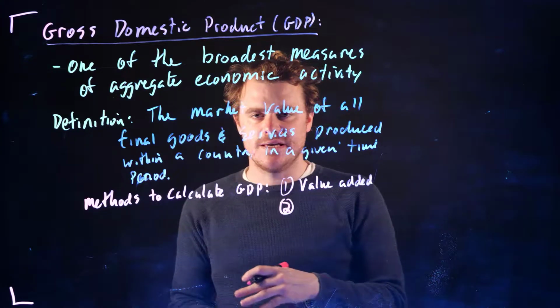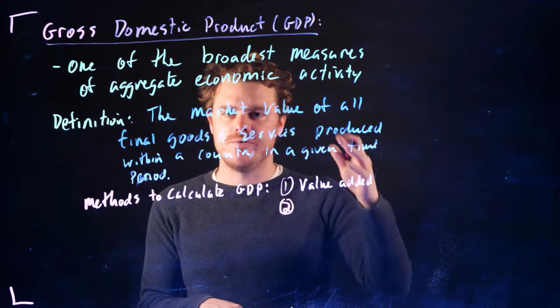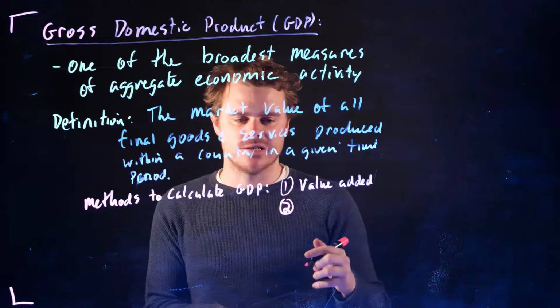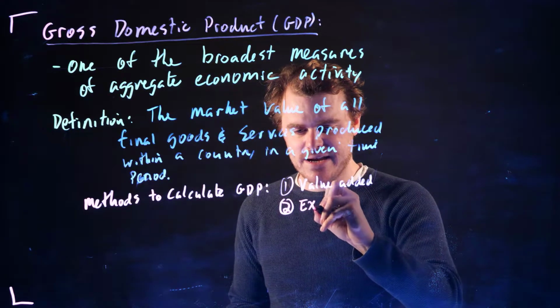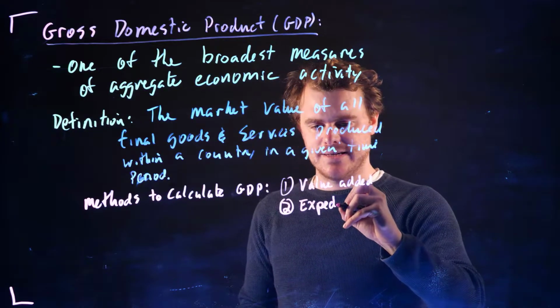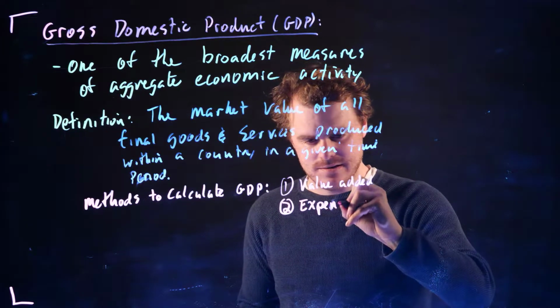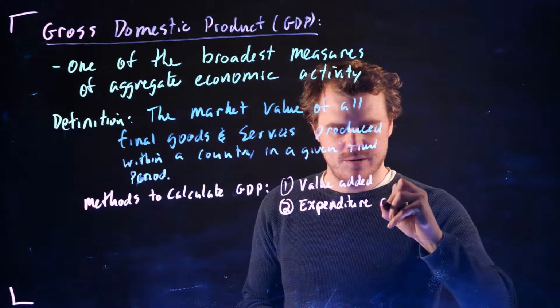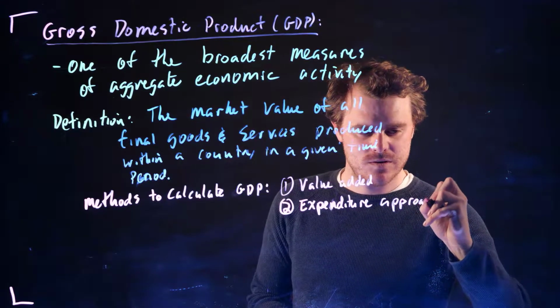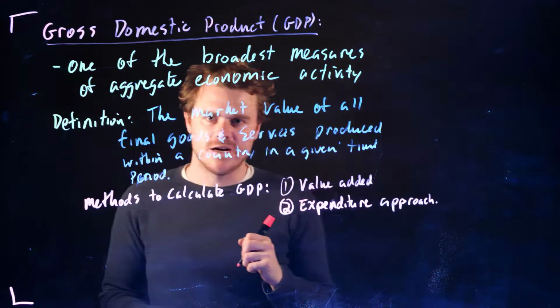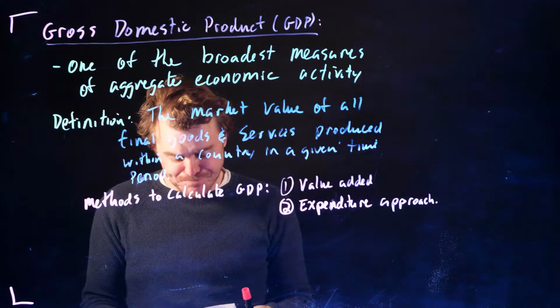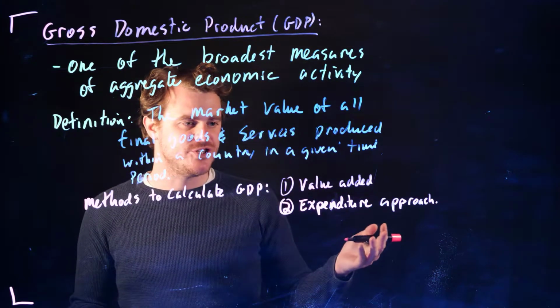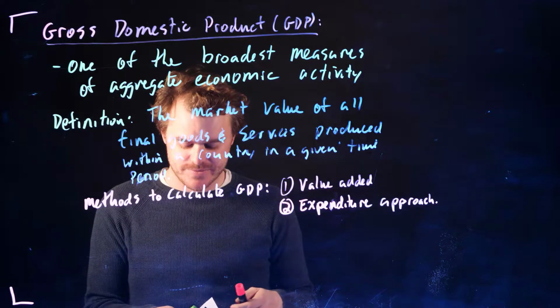The second is going to be using the idea of that circular flow of income and expenditure we just looked at, and it would be the expenditure approach. Here you'd be calculating all the total expenditures on domestic production.